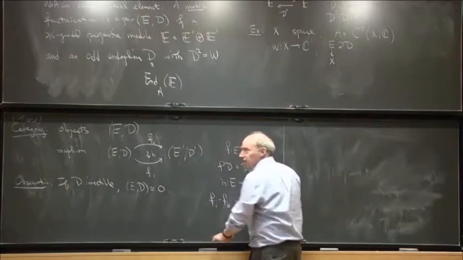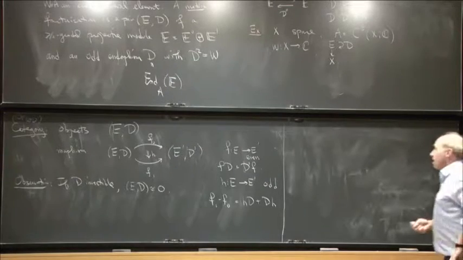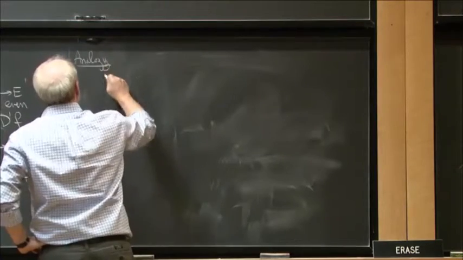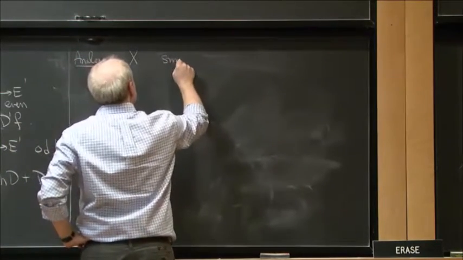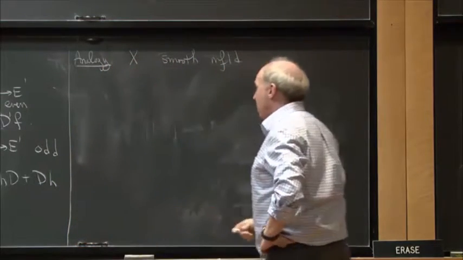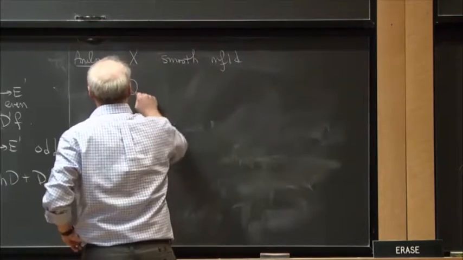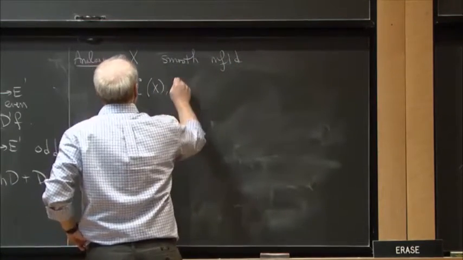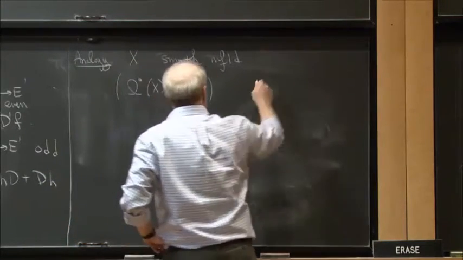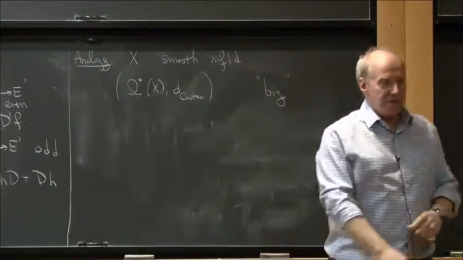Okay, so let me give you then the crucial idea of how this introduces semi-simplicity. And so the analogy is just the following. If X is a smooth manifold, maybe think it's compact, then we have different models for its real cohomology. So we have the differential forms on X with the standard Cartan differential. This is a kind of big model, meaning that this is usually infinite dimensional.